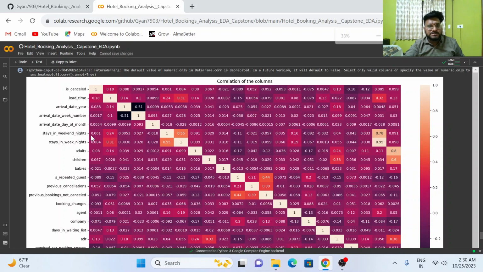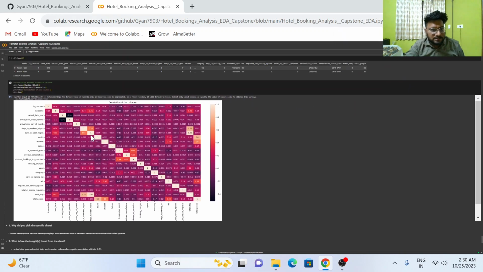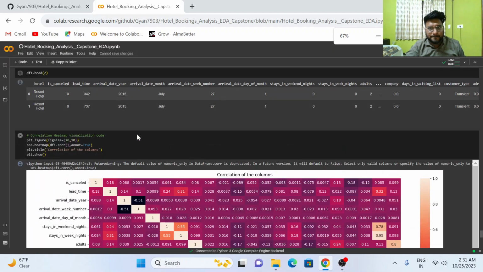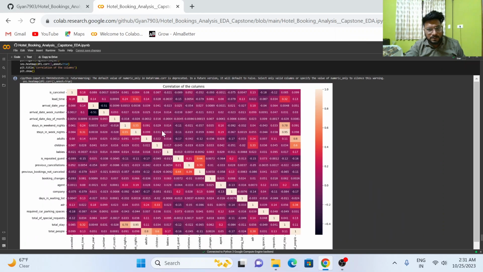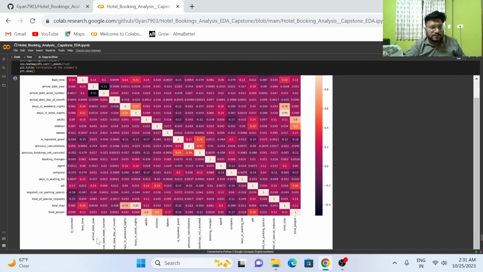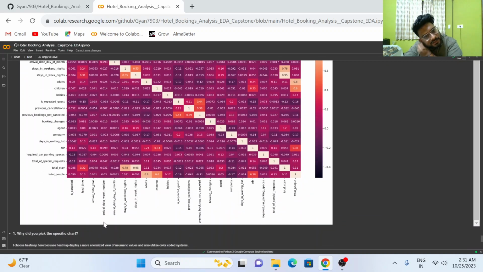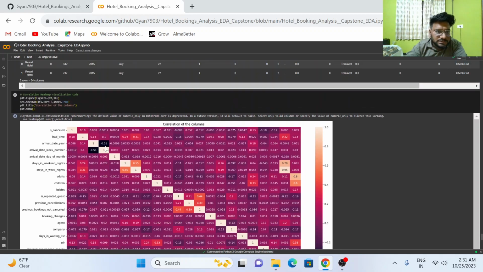So as we can see, let me just minimize it a little bit, if it is visible. Okay, clear. So we can clearly see over here that the column arrival date and the arrival date week number has the negative correlation of 0.51.